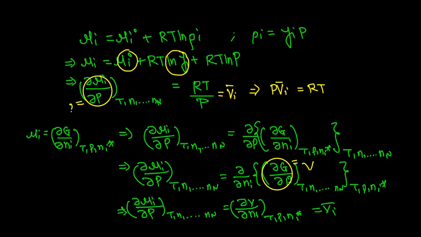And compare this to the ideal gas equation, PV equals RT, where V is the molar volume of a pure component. So from this we can say that the ideal gas mixture seems to follow the ideal gas equation. But let us consider this.